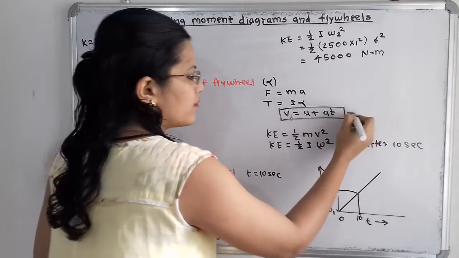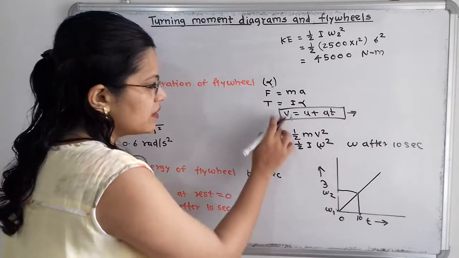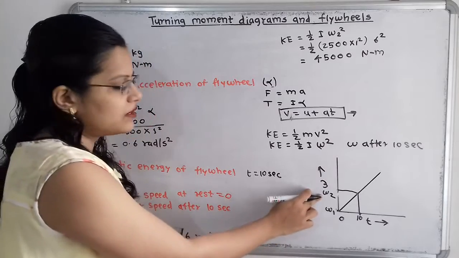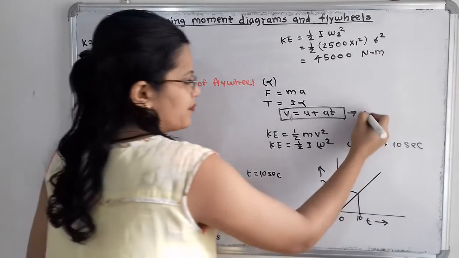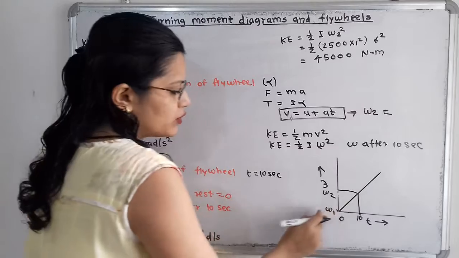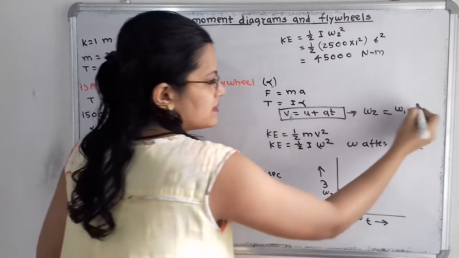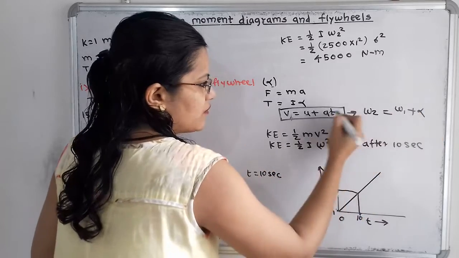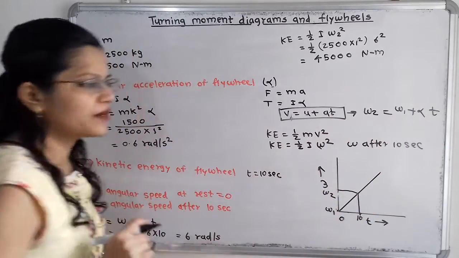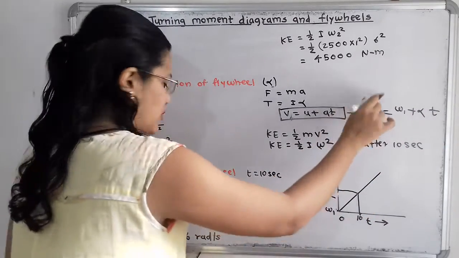How can we convert this formula? Here the final velocity is omega 2, which is equal to the initial velocity omega 1 plus the angular acceleration alpha times time t, which remains the same. So we will use this formula.